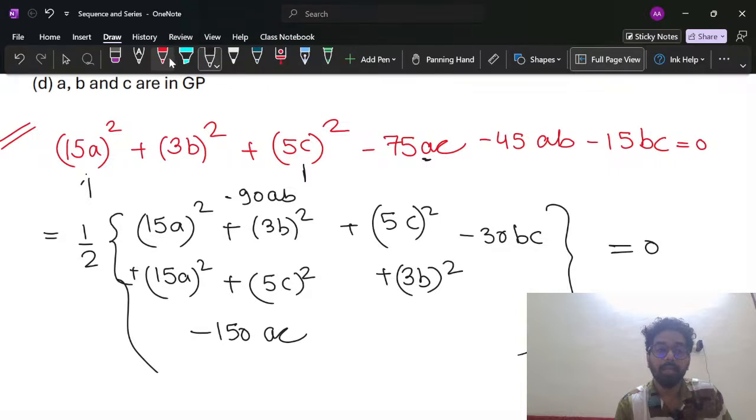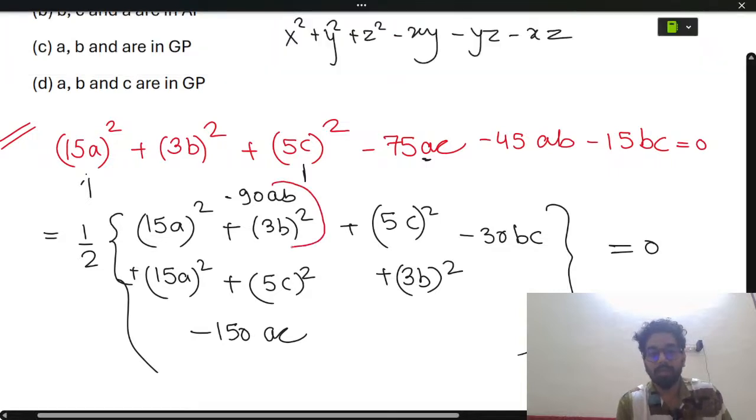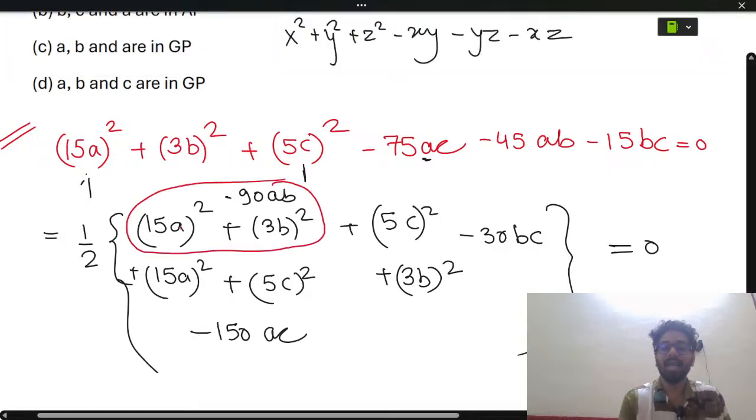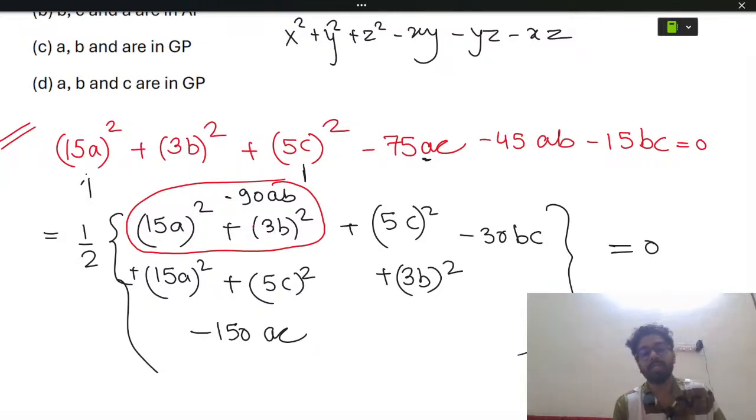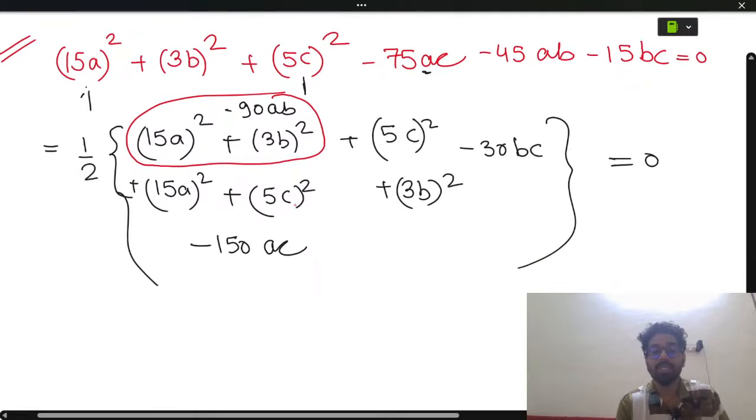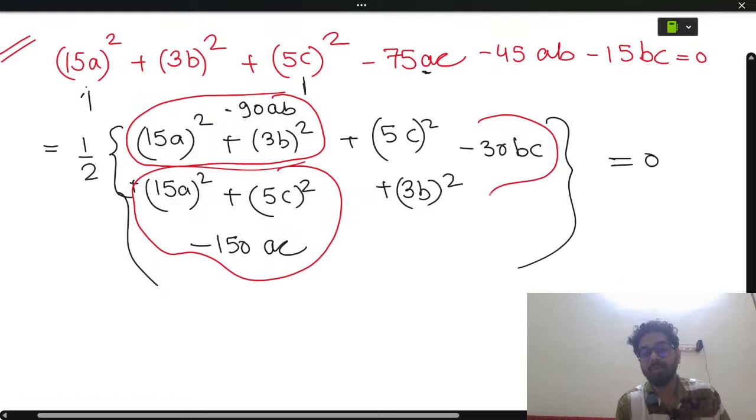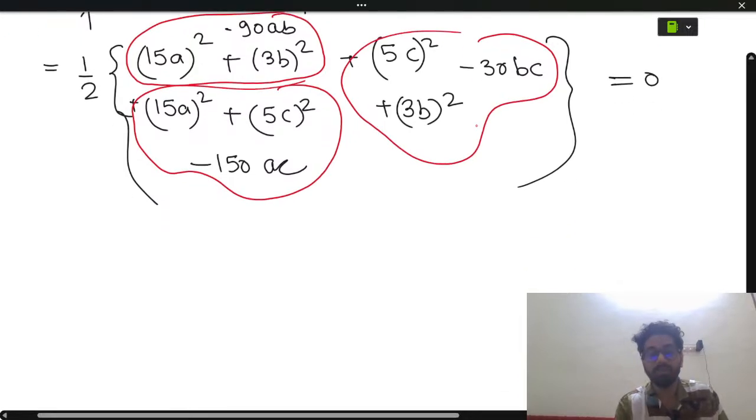Now, here we have almost reached the answer, so I will write down these things together. X square plus y square minus 2xy. That's what we are having over here. Same thing over here. X square plus y square minus 2xy. This kind of format we have created.